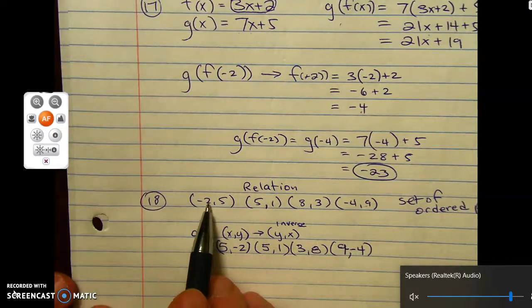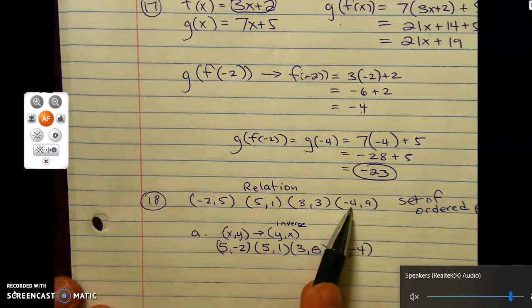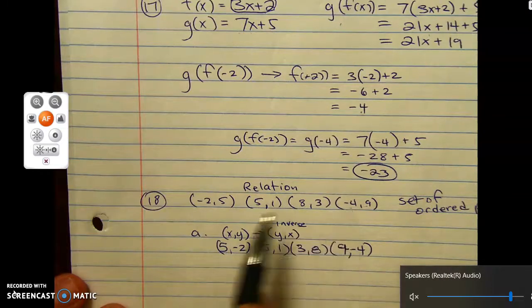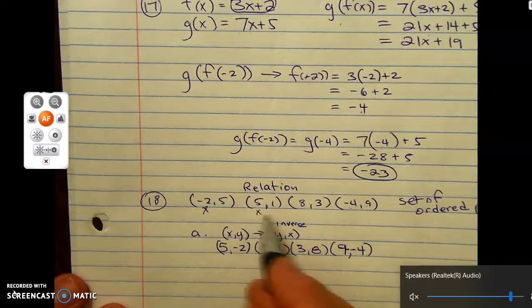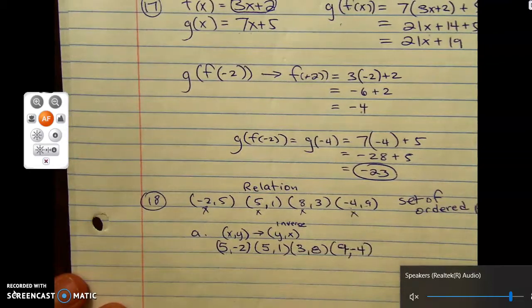Now, guys, if you look back at the original problem, what was the domain? The domain up here was -2, 5, 8, and -4. Well, since we're switching x and y's, these 4 x's are going to become the y's. So they're going to become the range. So anyway, the domain of the inverse is the range of the original.